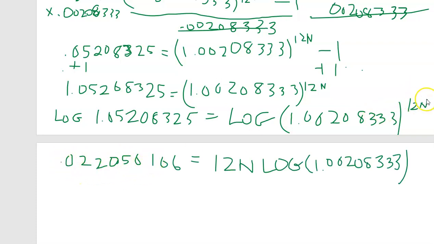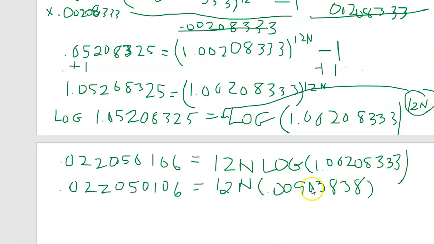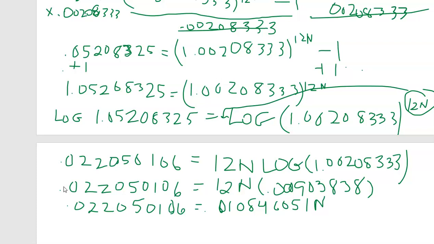And then remember, the logarithm allows me to take the exponent and move it to the front, which is what I've done right here. So now I'll let my calculator do log of 1.0020833. That gives this number, and let's go ahead and multiply this number times the 12, which gives 0.0108465051 times n.